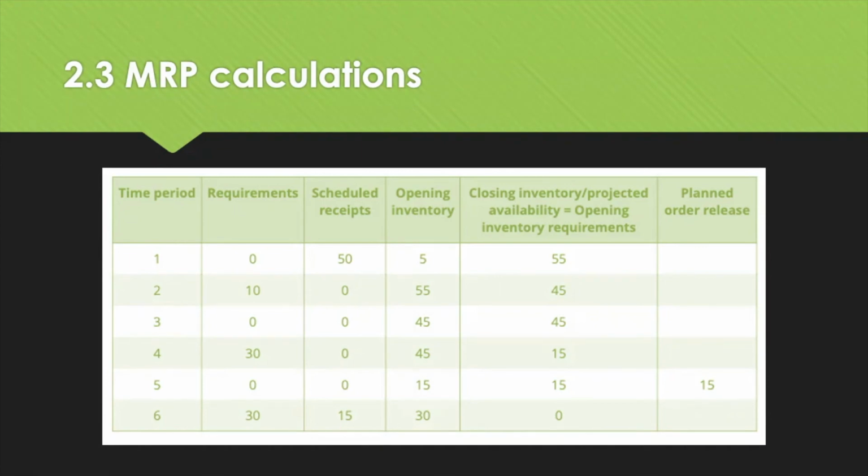And the table on the screen shows you the MRP gross requirements. So it starts from that gross requirement, which is the anticipated demand for a specific component. The gross requirements can be derived from the sales and operation plans and the bill of materials. They are dependent demand items. So the requirements are calculated for a period of time, which can be a week, a month, or a quarter.